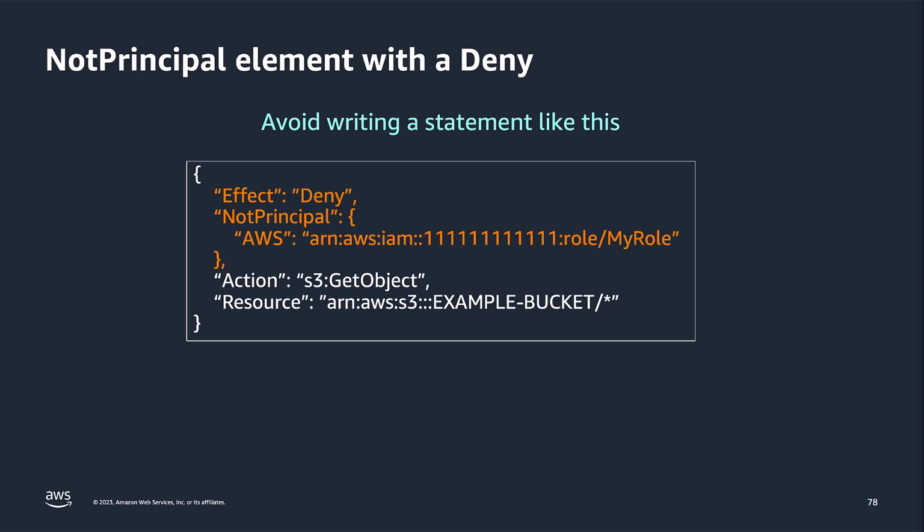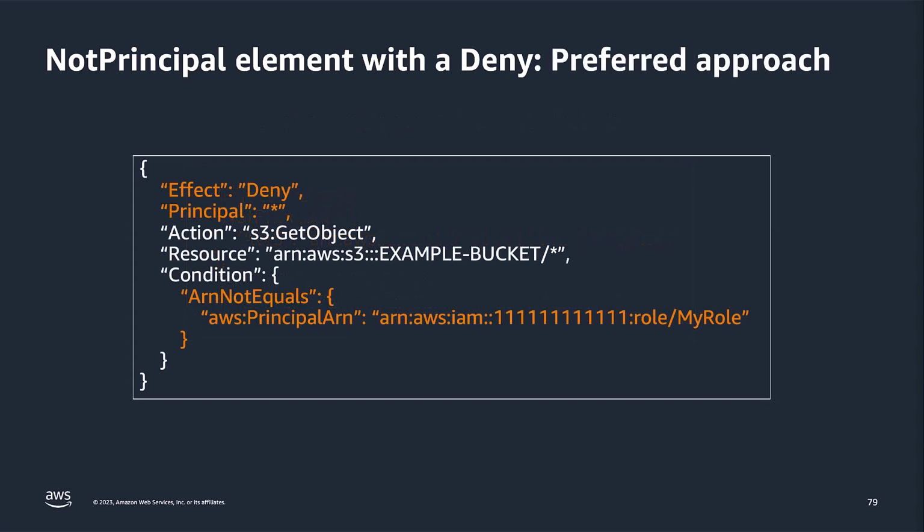But this doesn't quite work as you'd expect, for reasons that are out of scope for this presentation that we'll cover in the principal deep dive. For now, just know that the recommended way to write that kind of policy is, again, using the aws:PrincipalArn condition key. This policy that you see here will work as you'd expect and deny all principals except for my role.